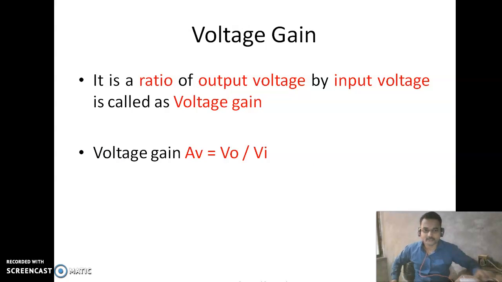That is the output voltage. So the ratio of output voltage to input voltage is called voltage gain. Voltage gain AV is equal to Vout by Vin. This is the formula for voltage gain, represented by AV.